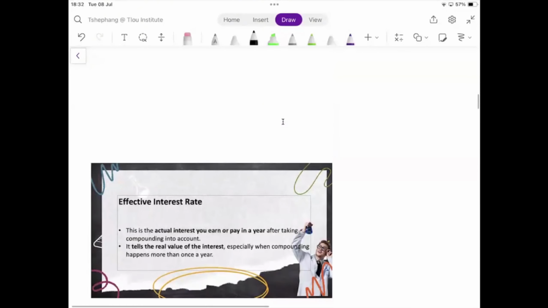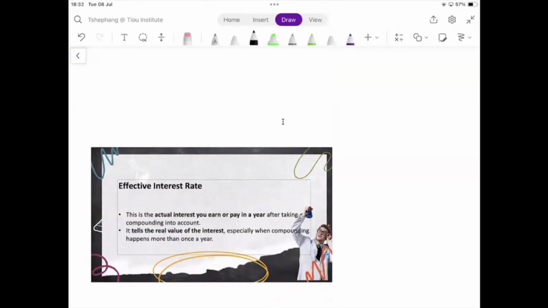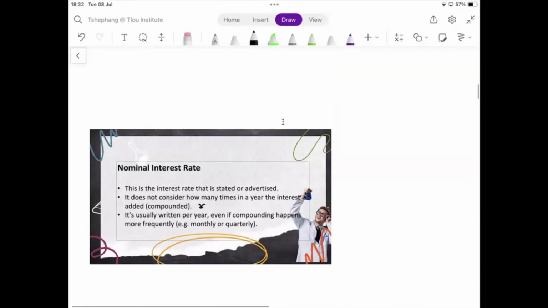Okay, that is effective. If you're taking a screenshot, that'll be quite quick. Okay, now the nominal interest rate is the interest rate that is stated or advertised. It does not consider how many times in a year the interest is added or compounded.